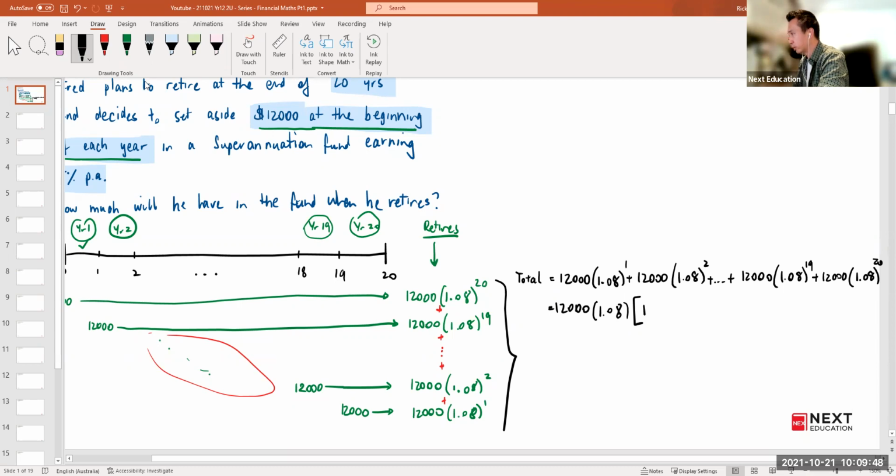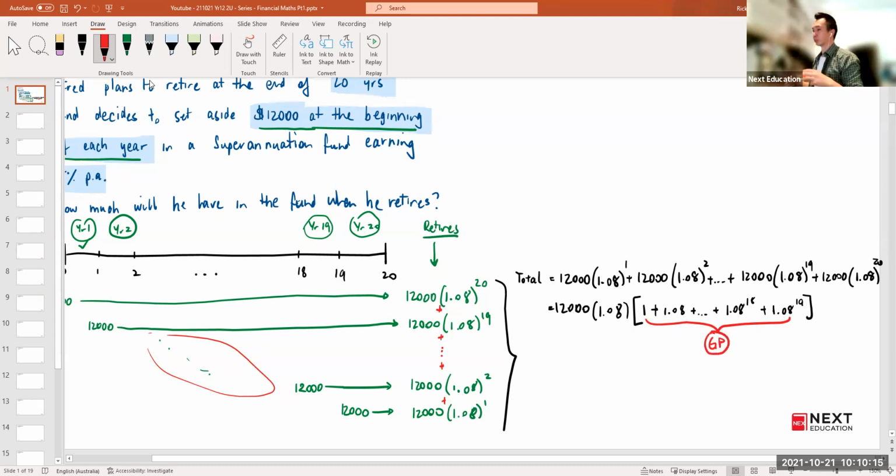When I take it from the second term, I'm left with only one of these 1.08. So basically, you can see if I take 12,000 times 1.08 from every term, the power of the 1.08 just drops, and that's the only thing that's left over, the 1.08 to the power of 18, 1.08 to the power of 19, right? And there lies my geometric progression.